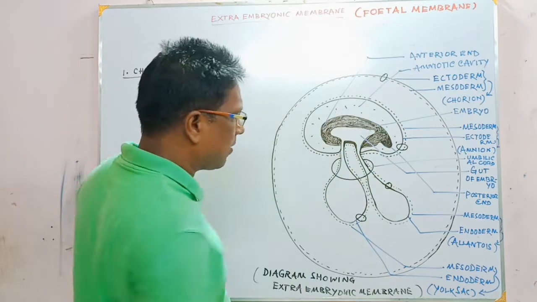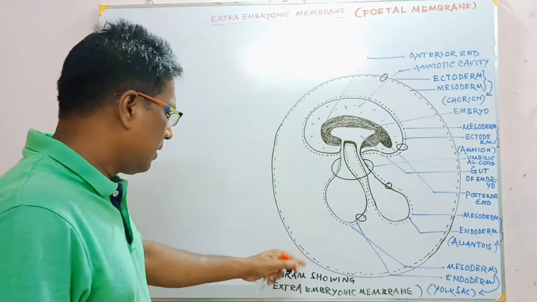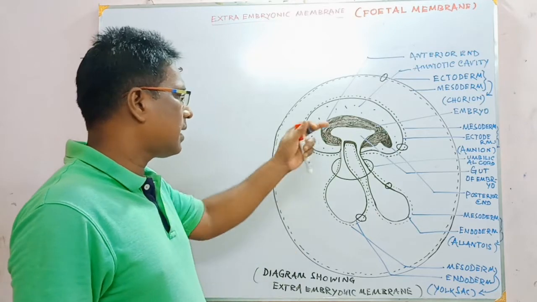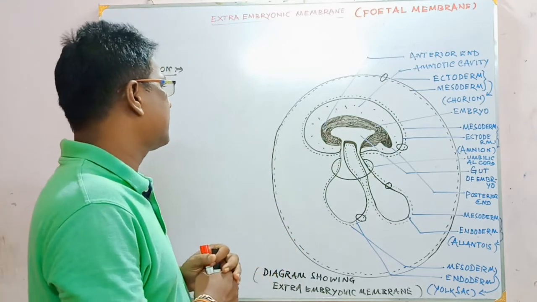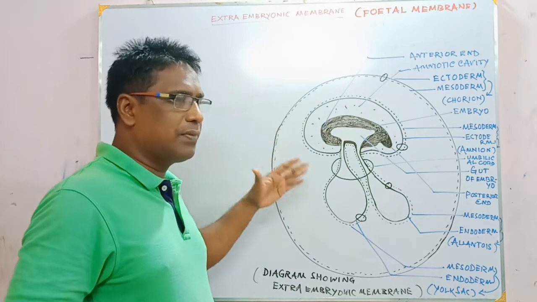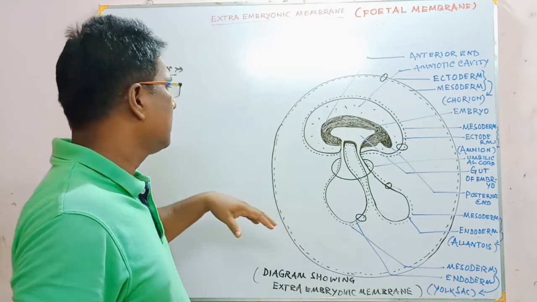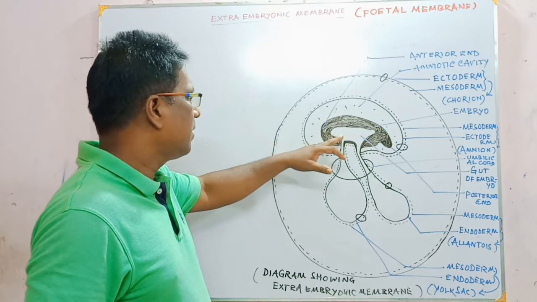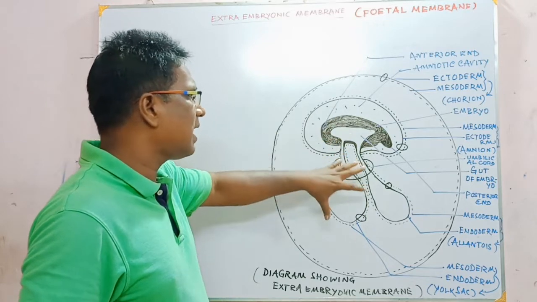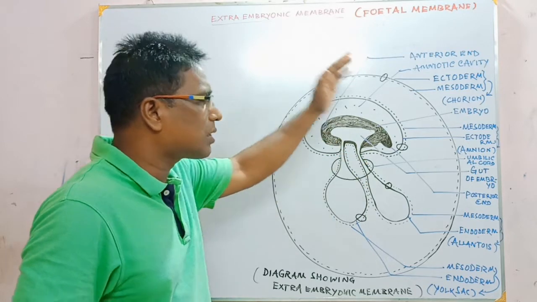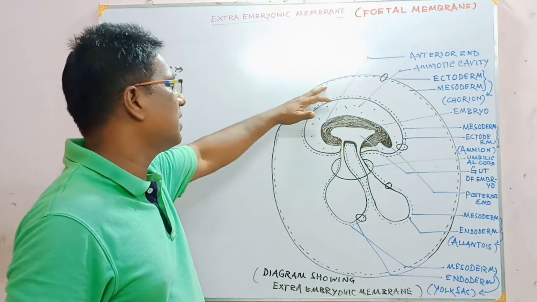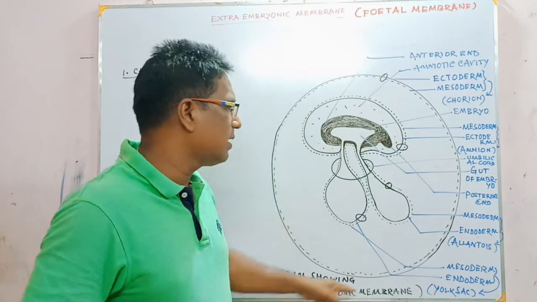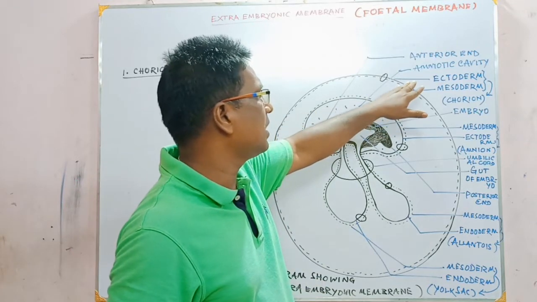Here is the diagram of the extra embryonic membranes that surround the embryo externally and protect it, and also help in development. The embryo, along with the additional membranes, is externally covered by a membrane called the chorion. In this diagram, this is the chorion.